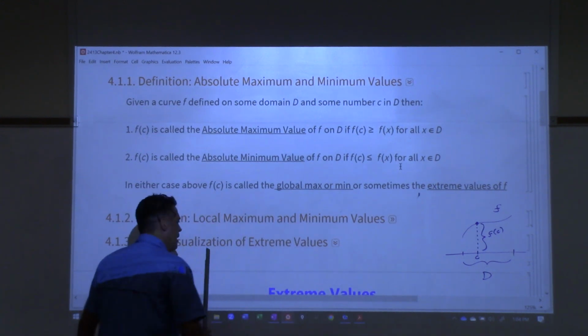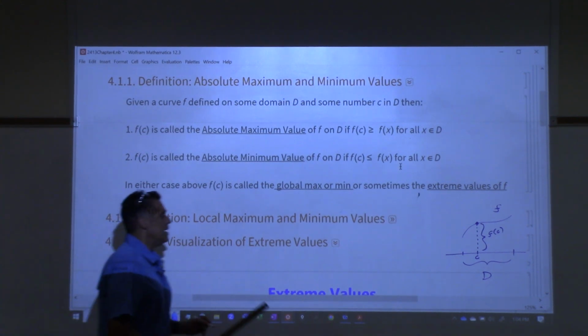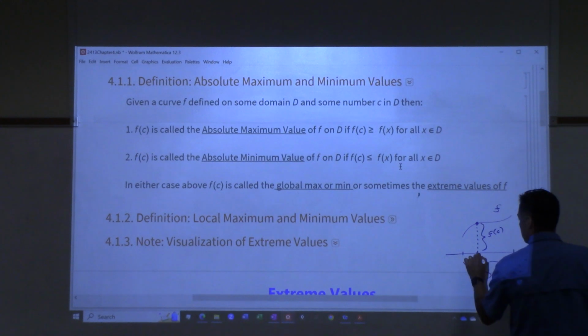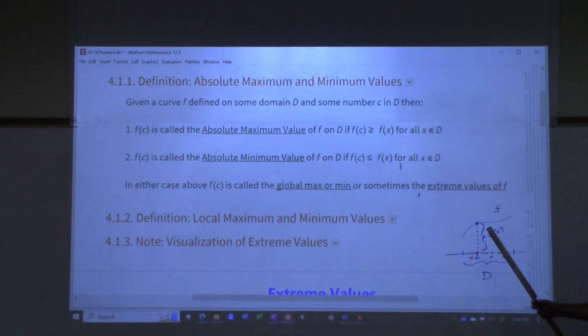That means that if I were to pick another value, to say that that's an absolute maximum would mean that if I picked any value near this one, anywhere in here, any x value I ever want, that point would be the highest point compared to all the other points.